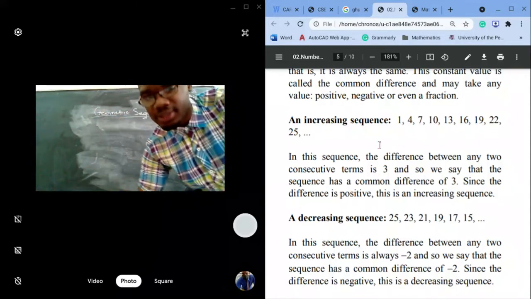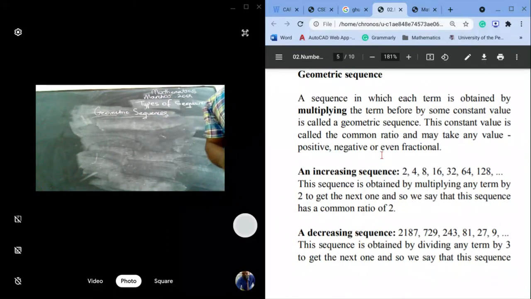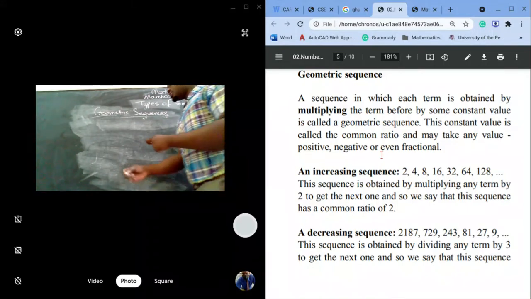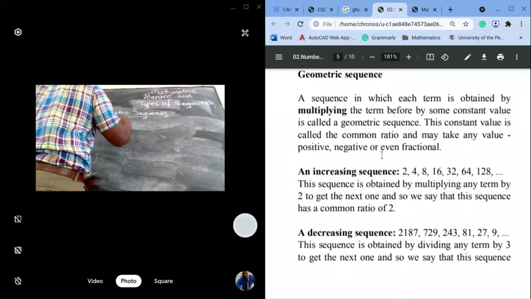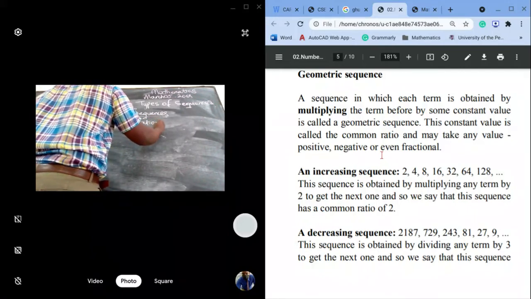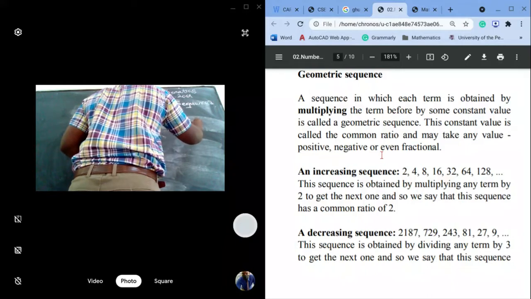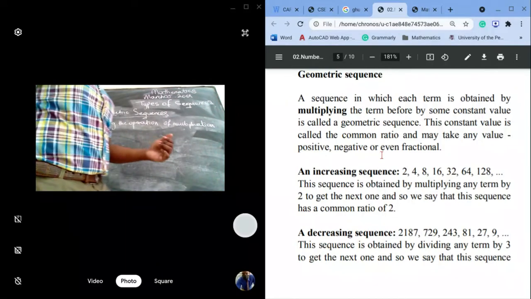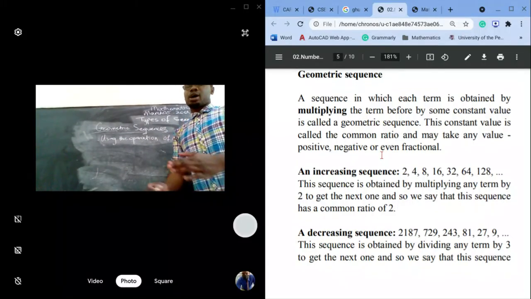Now, to explain this geometric sequence, I'm going to quickly say in a short term that in a sequence where you have to do multiplication now, using the operation of multiplication to actually find the next term in the sequence, all right? That is called a geometric one.